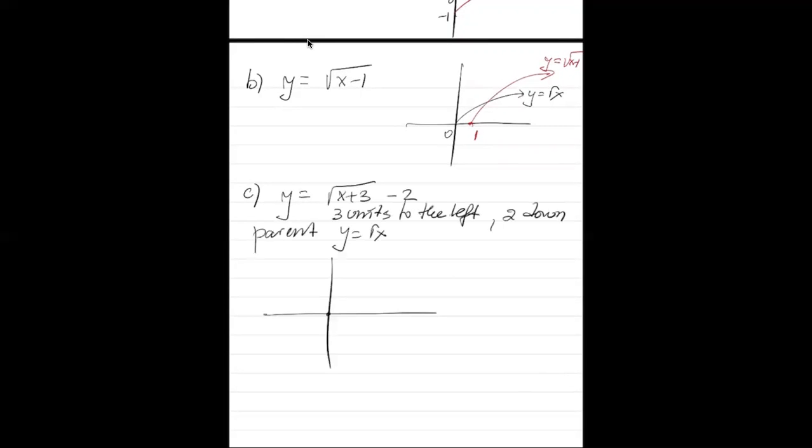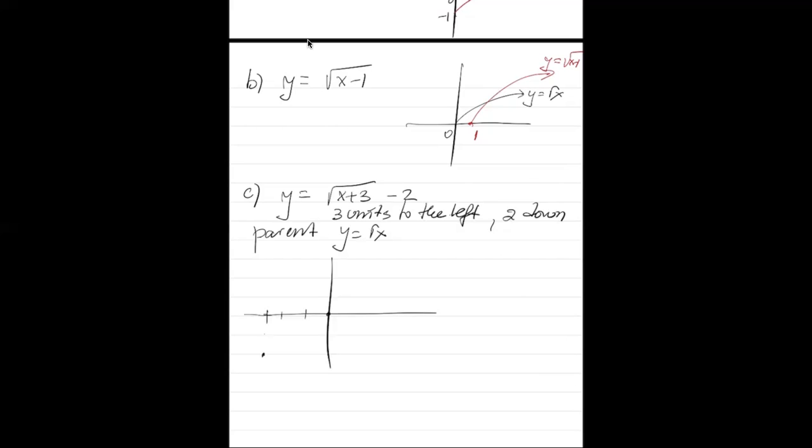Parent function starts at the origin. So we're going to do 3 units to the left and 2 down right here. And then we'll show the shape of our function. This point here is -3, -2. And it continues.